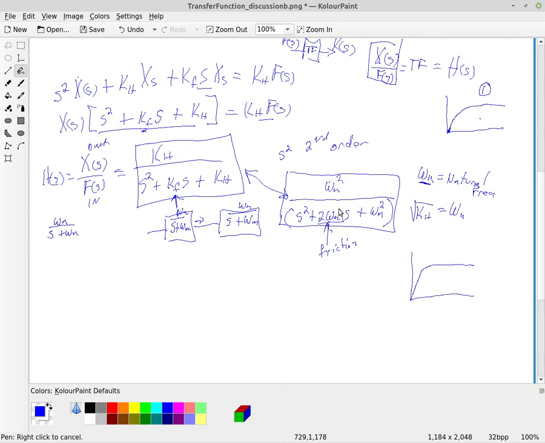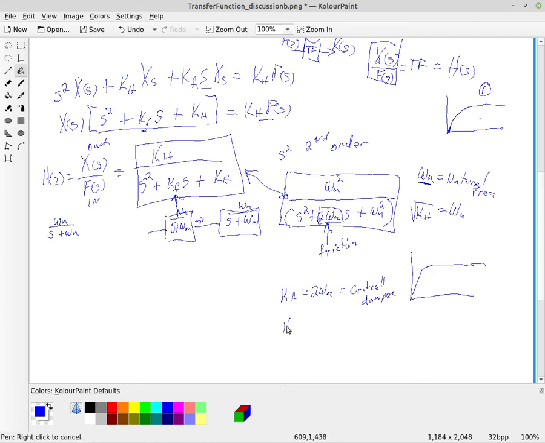All right. So if your friction coefficient here, okay, so if Kf is equal to 2 omega n, then that is what we call a critically damped system. And the system will not oscillate. It'll go down to the final value and then stay there with no oscillation.